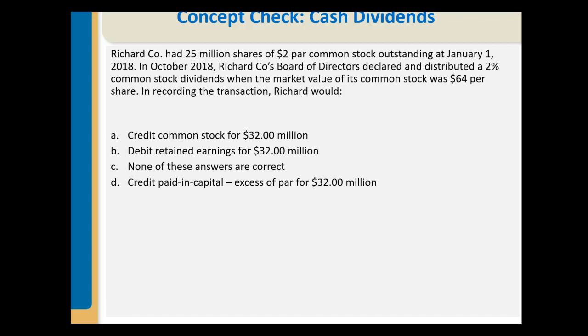In recording the transaction, Richard would A. credit common stock for $32 million, debit retained earnings for $32 million. C. None of these answers would be correct. Or D. Credit paid-in capital excess of par for $32 million.